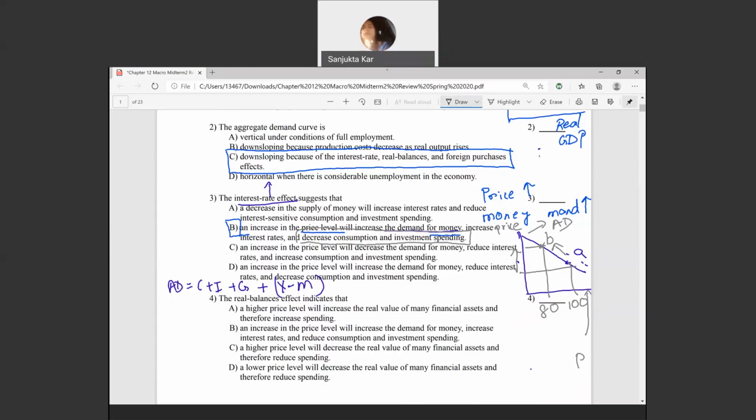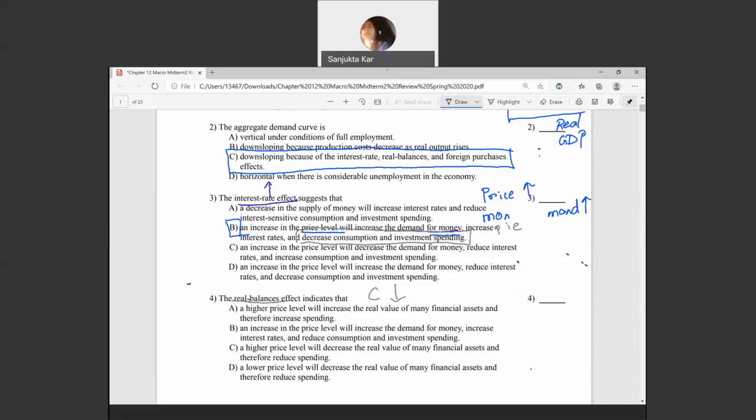Now take a look at question number 4 here. They're asking us about the real balances effect. So let's look at what happens when price level increases. This has something to do with the consumption part of aggregate demand. Consumption will go down if price level increases.